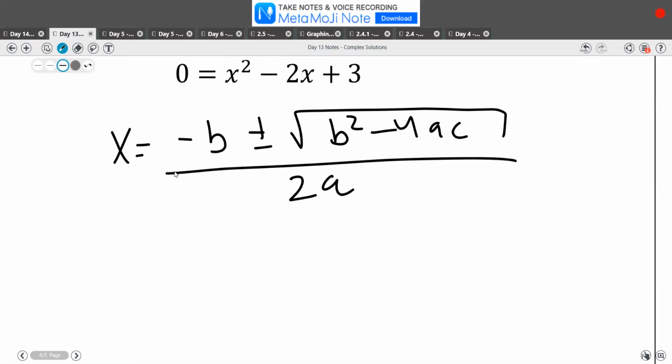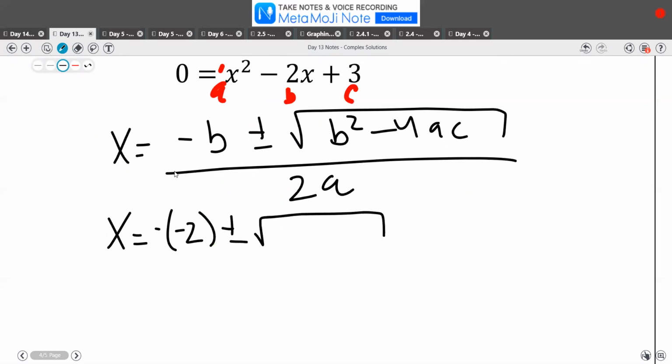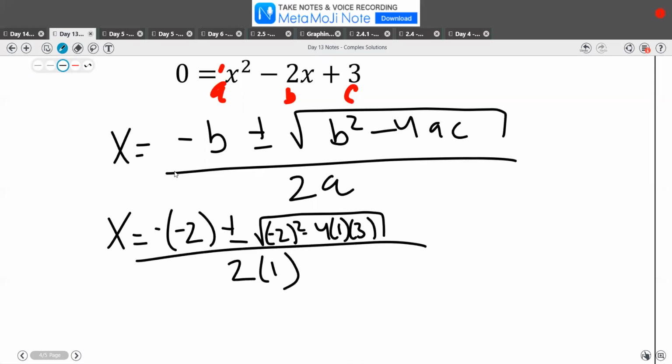Okay, so I know that's my a, my b, and my c. All I'm going to do is plug them in. So that would be -(-2) plus or minus the square root of (-2) squared, which is 4, minus 4ac, that would be 4 times 1 times 3, which is 12, all over 2a. Cool.